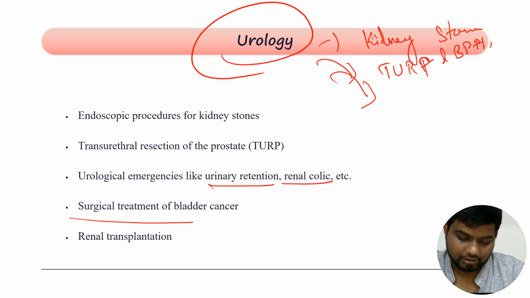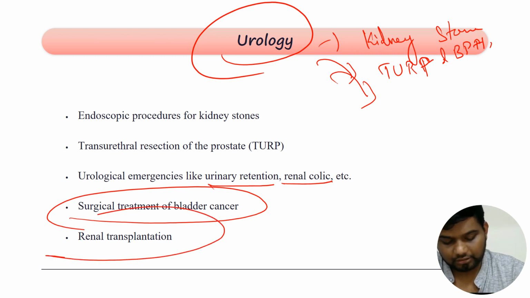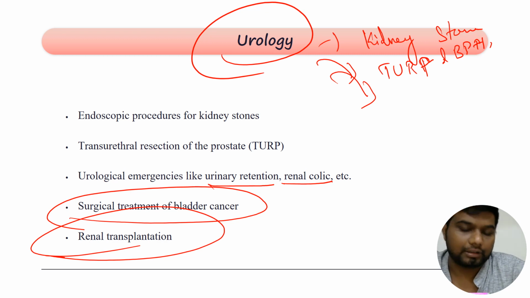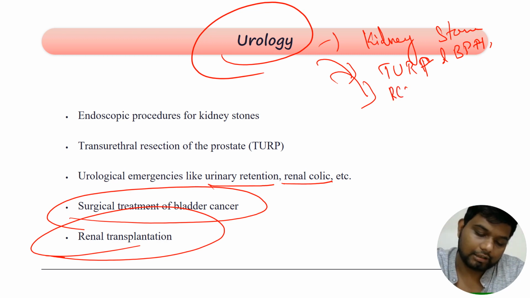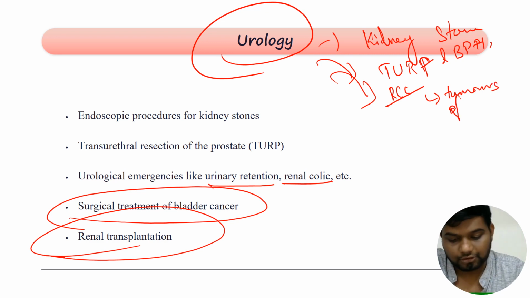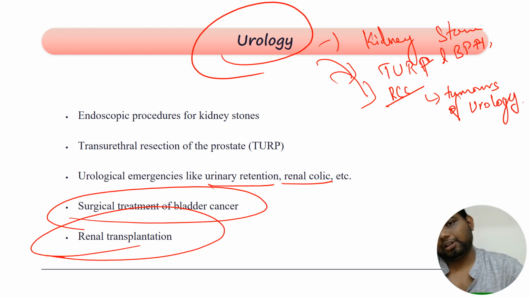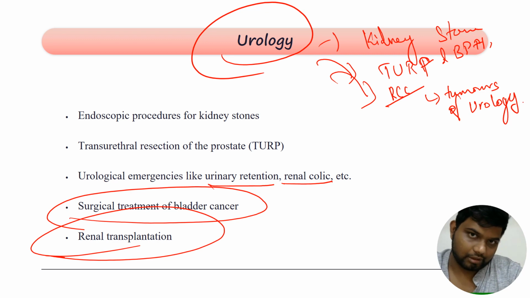Apart from that, focus on surgical treatment of bladder cancer and renal transplantation. The main area of interest should always be RCC and tumors of the kidney, tumors of urology, then stones, and BPH and TURP, which are the high yield areas to focus on in urology.